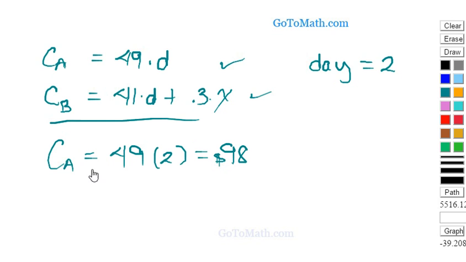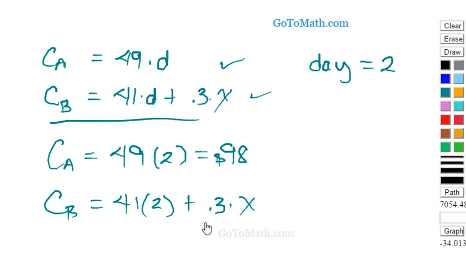So this is going to end up costing us $98 for company A. And company B is 41 times 2 plus the 30 cents per mile, 0.3. You could say 0.30 if you want. This simplifies down to 82, so it's going to cost you $82, and then depending on how many miles you drive.